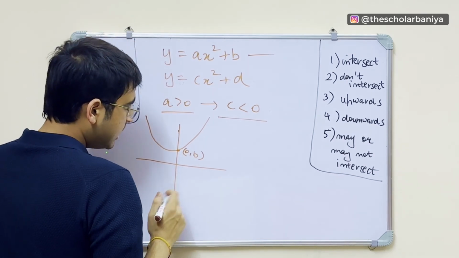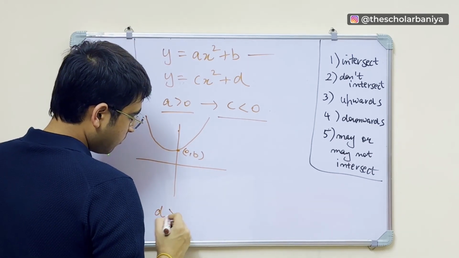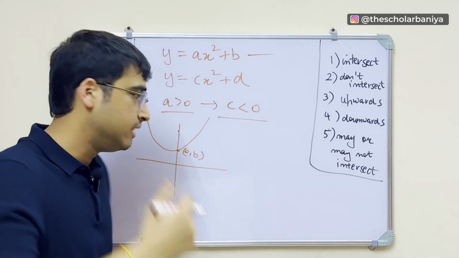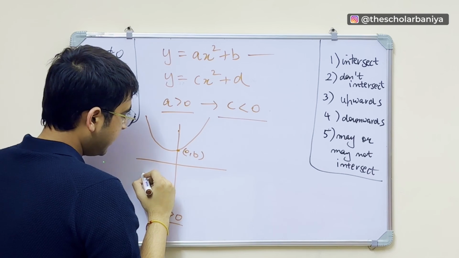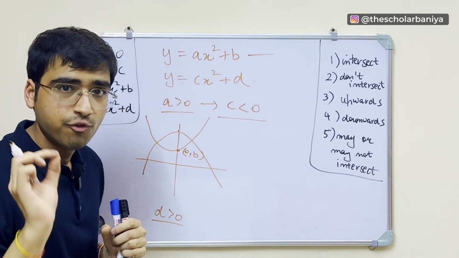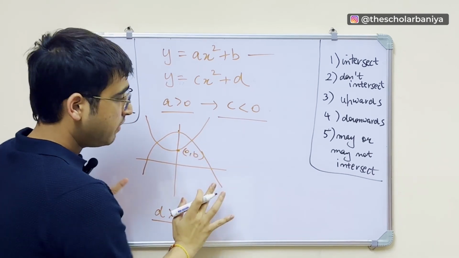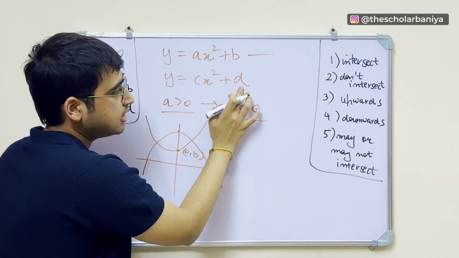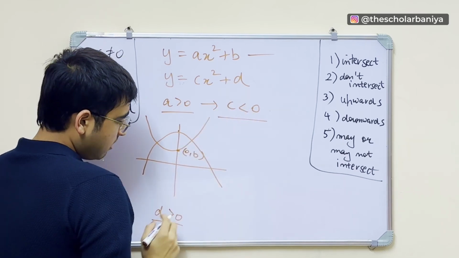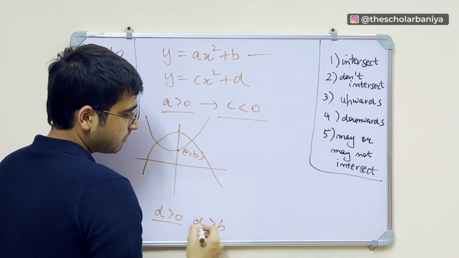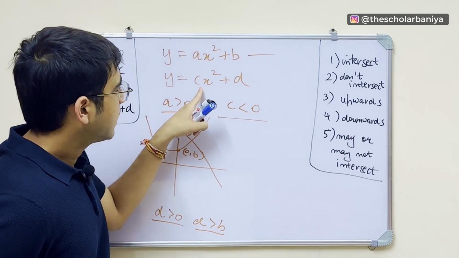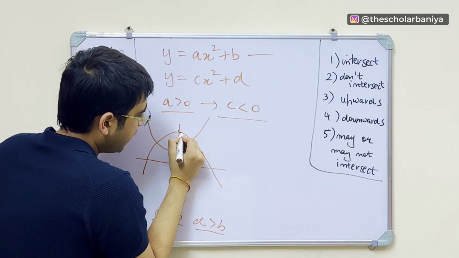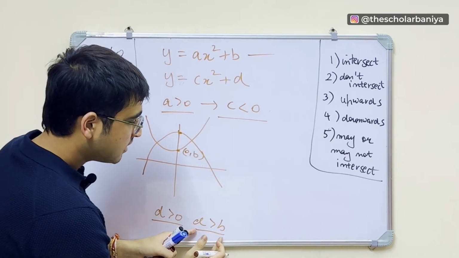So let's say d is positive, such that d is greater than b. This parabola will be something like this. Firstly, it will be facing downwards because c is negative. Second, because d is positive. If you put x equals 0 over here, we get y equals d, which is this point, and d is greater than b.